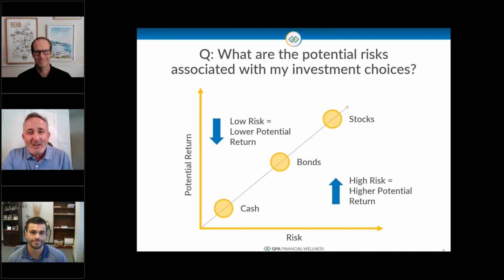Me too. But realistically, when we're talking about risk as it relates to different types of investments, typically the lower the risk that we assume, the lower the potential returns, right? Because these are going to be safe investments that are not exposed to any sort of volatility. And then, of course, if we would like higher potential returns, then we should plan to assume a higher amount of risk.